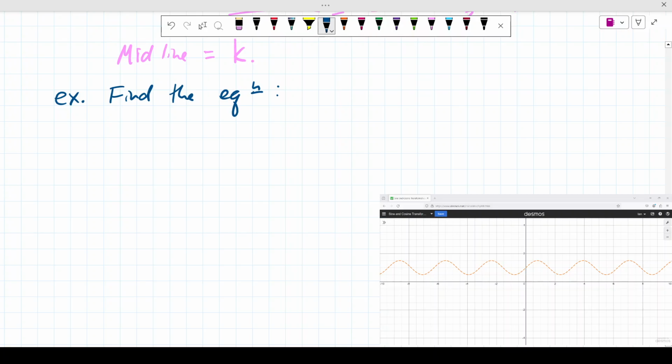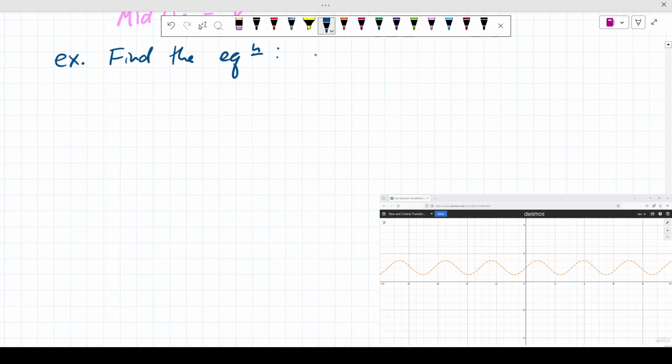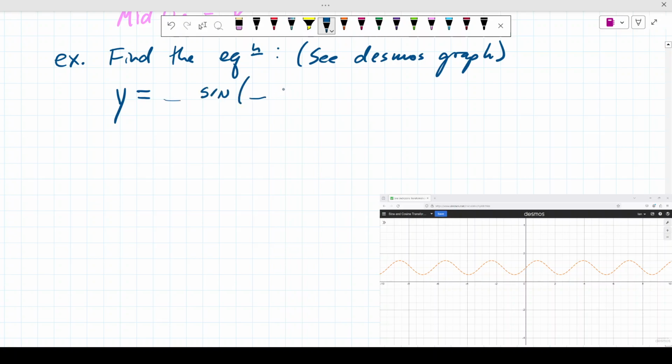I have a Desmos graph, and I want to find it. Let's suppose I'm going to make it sine. So I have A sine of Q(x minus H) plus K. As I said, I can often pick off those three first quite easily. Actually, I'm going to be able to pick them all off fairly easily in this example.